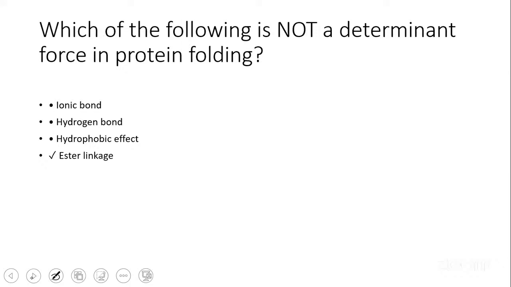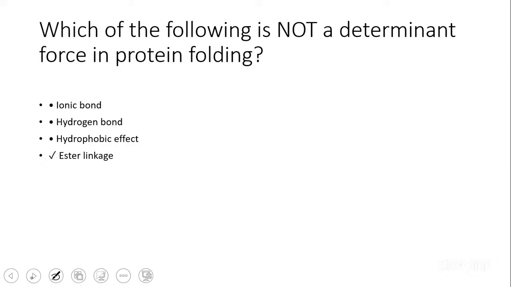Which of the following is not the determinant force in protein folding?